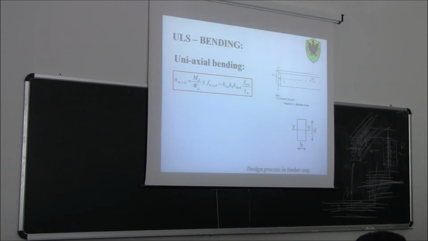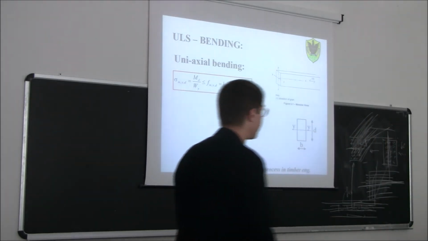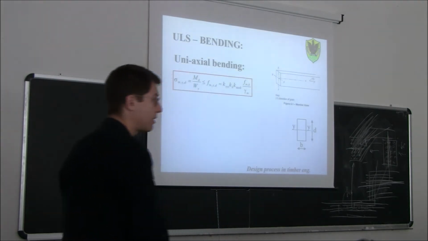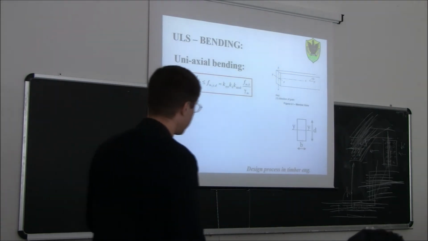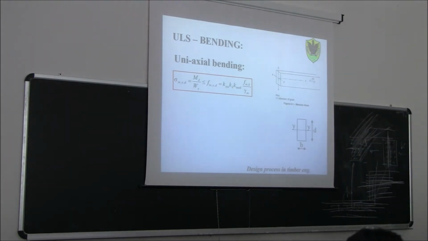The general formula is this one, where again we have to consider this size effect factor, kh, because we are talking about bending. Just a reminder that this verification is a conventional verification, if you remember.